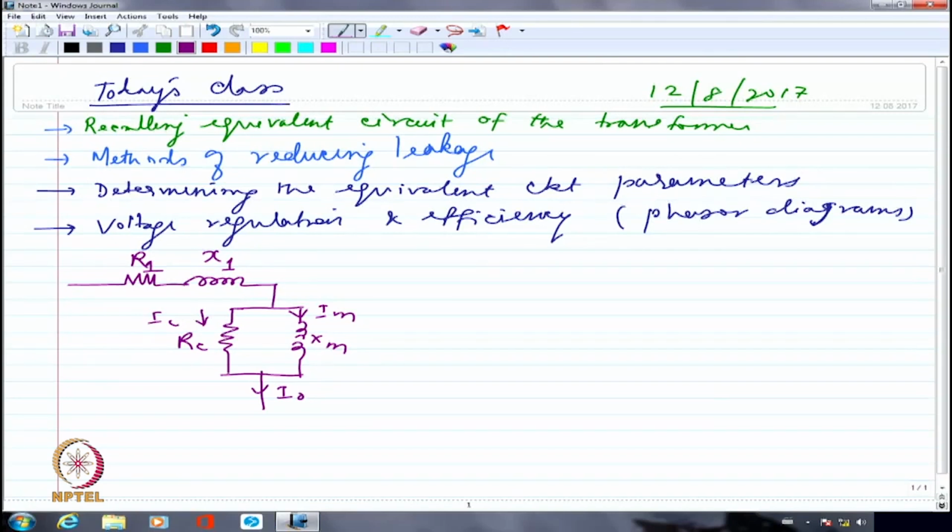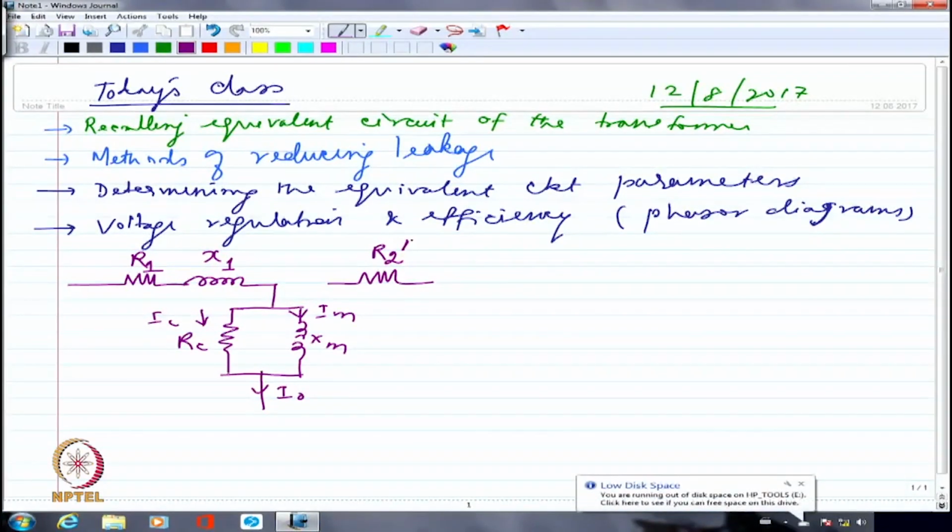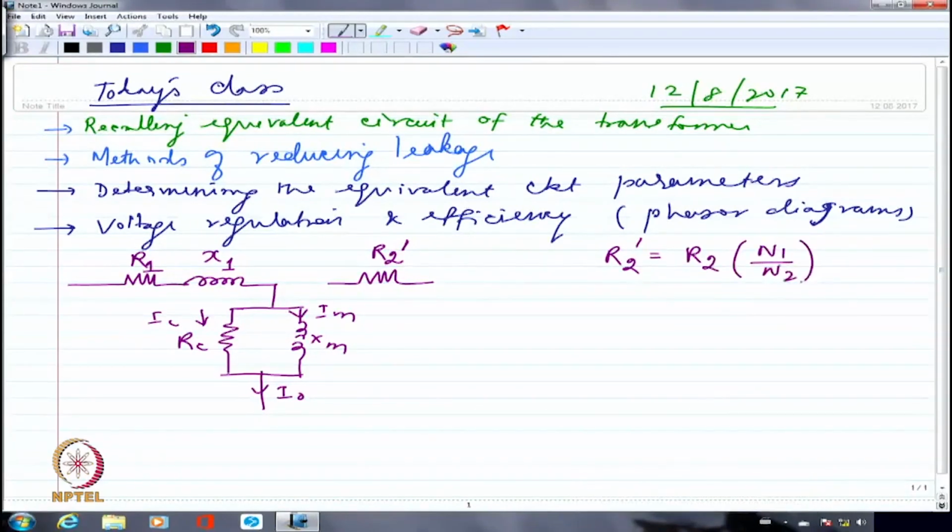Then we said that on the secondary side we have R2, which is the resistance of the secondary winding itself, but we wanted to transfer it over to the primary side, so we call that as R2 dash, where I can write R2 dash equal to R2 multiplied by N1 by N2 the whole square, where R2 is the inherent resistance of the secondary winding, but I want to visualize this from the primary side.